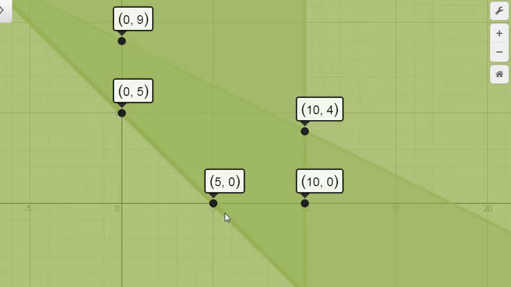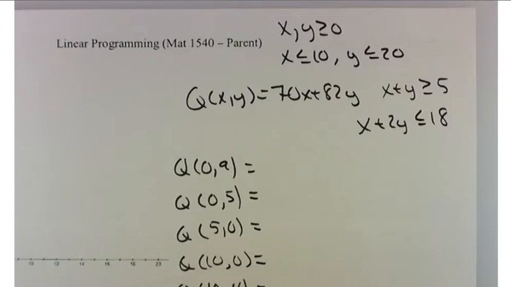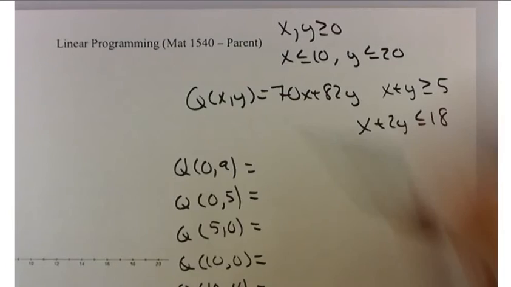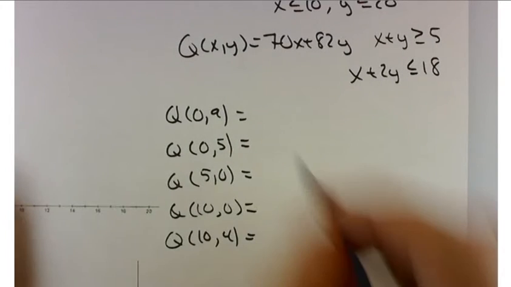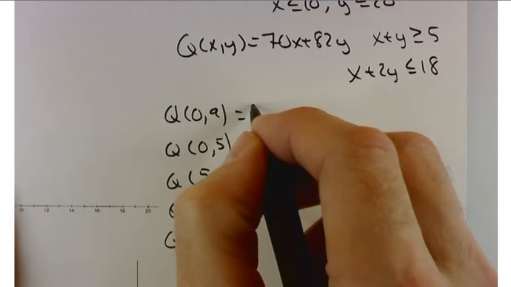So those 5 points are what I have to test in my objective function. One of those points is going to maximize our objective function. So it's just a lot of grunt work here.